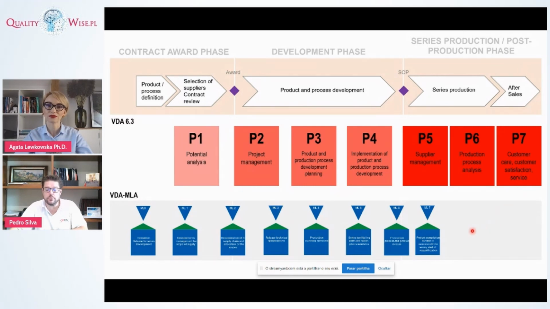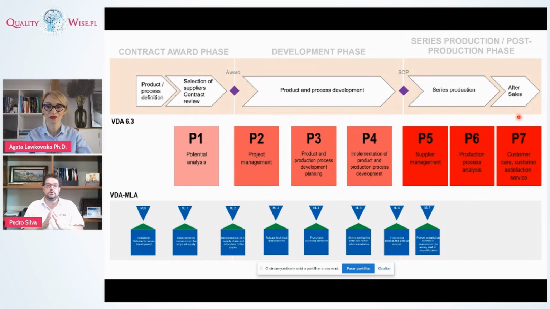We can talk about the MLA, maturity level assurance, also from VDA. You can see here from maturity level 2, where the project starts for the supplier, up to maturity level 7, when the project is finished. And you can see here roughly a correlation with the process elements of VDA 6.3 from P2 to P7.